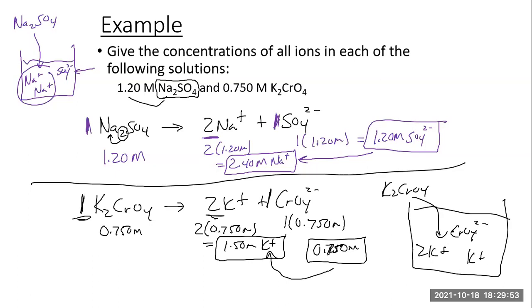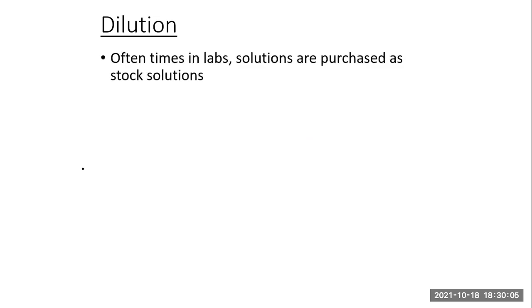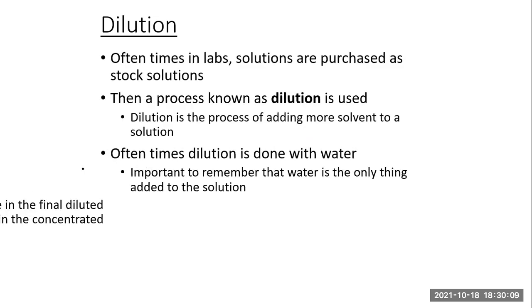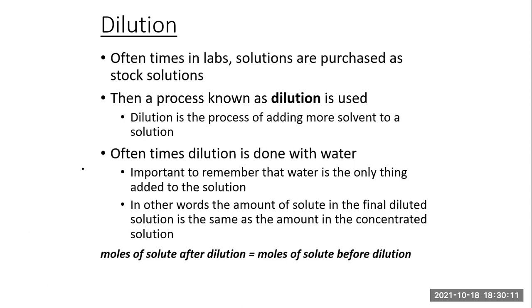Now, oftentimes solutions that we get are sometimes referred to as stock solutions, and they're actually very much more concentrated. And we oftentimes will take these more concentrated solutions and go through the process known as dilution to make a more dilute solution.